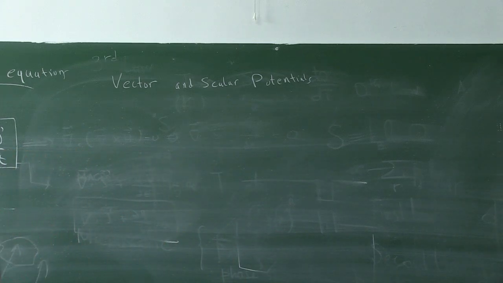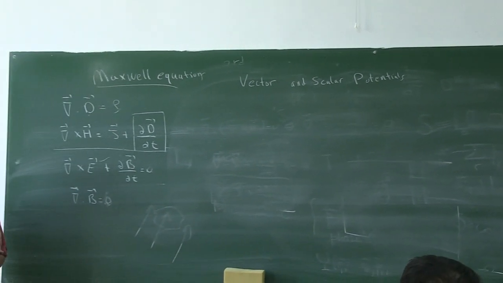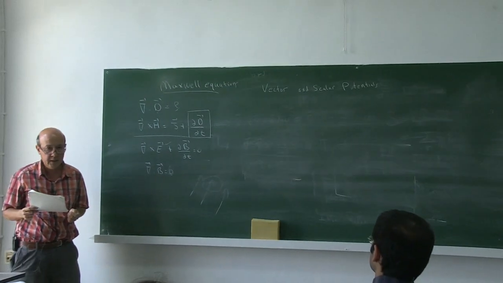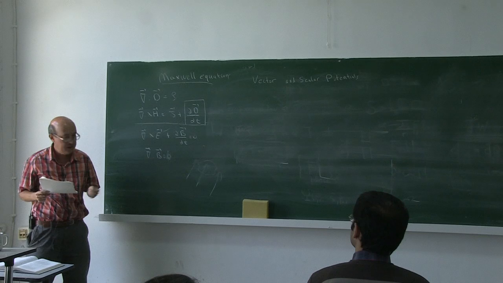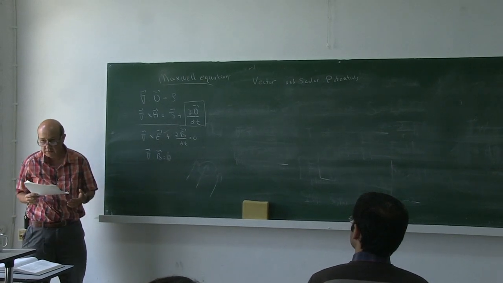So tell me, looking at this, del dot B equal to 0, what kind of potential can you generate such that del dot B equals 0?